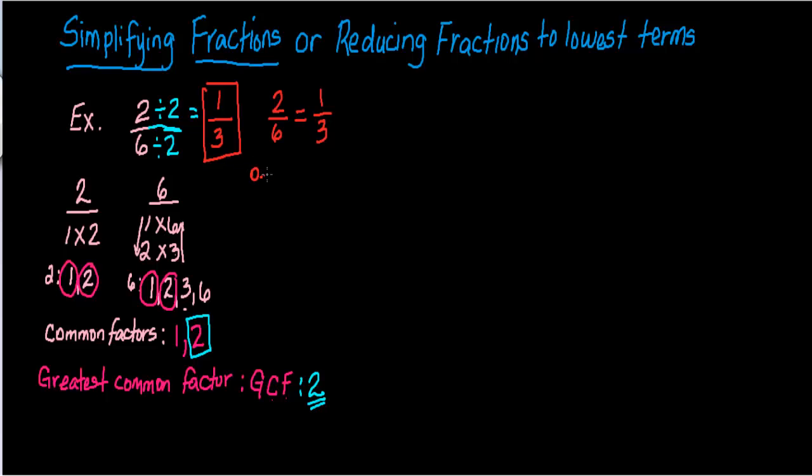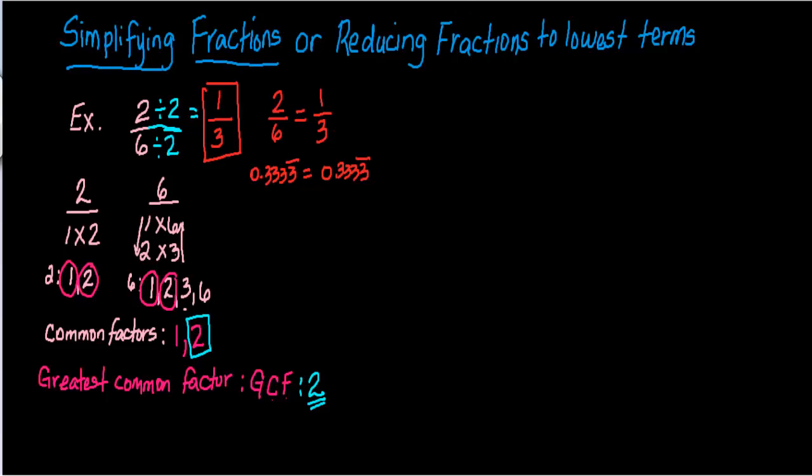It's going to say 0.3333 forever. And when you hit 1 divided by 3 in your calculator, you will also get 0.3333 forever. So that means that 2/6 is the same exact thing as 1/3.